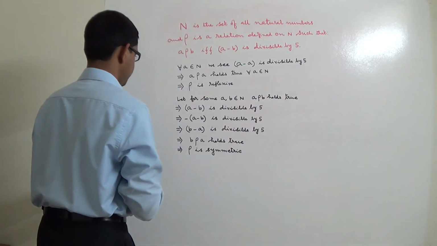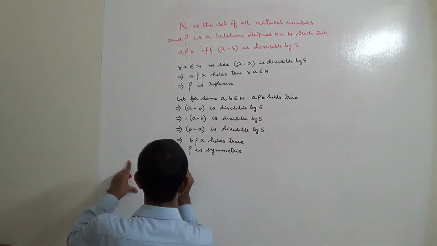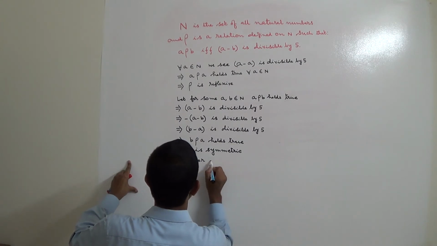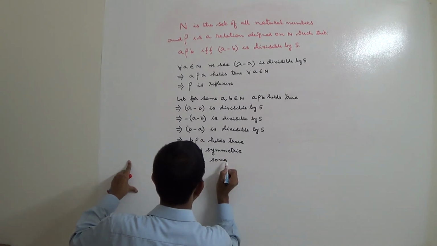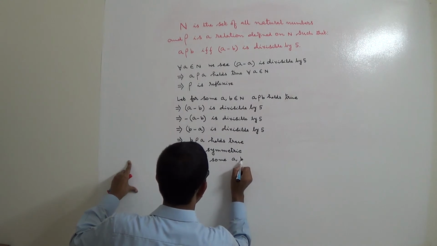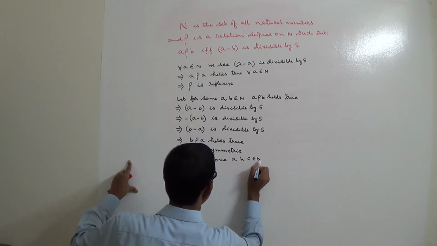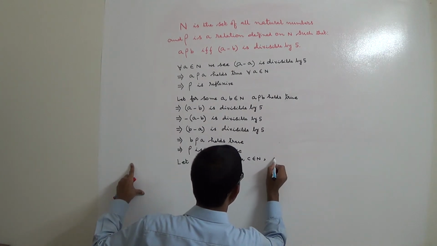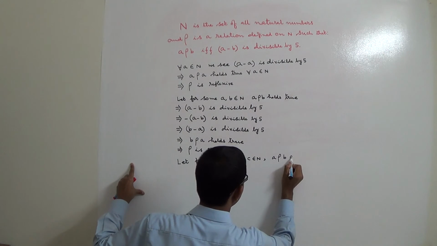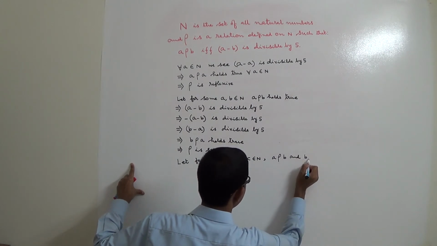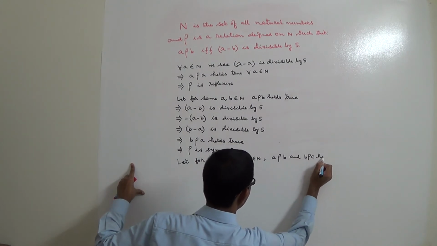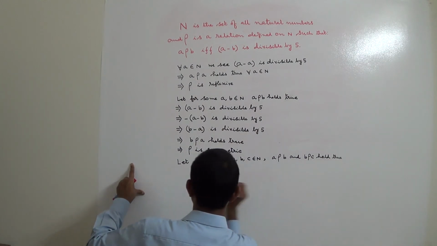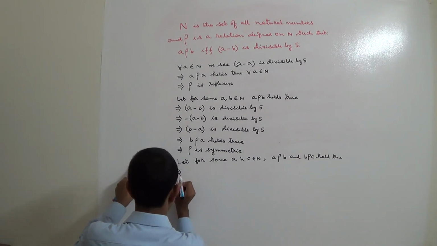So let's write it here. Let, for some A, B, C belongs to N, A rho B and B rho C hold true. What does it mean?